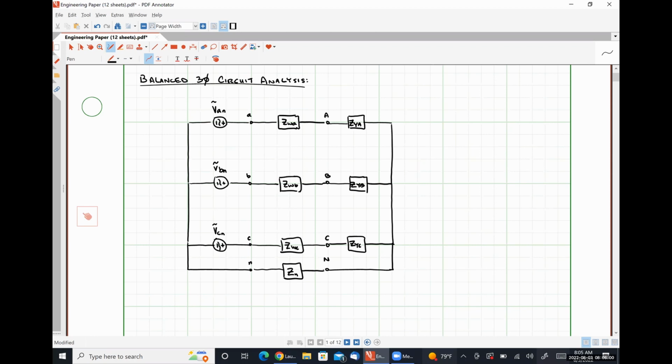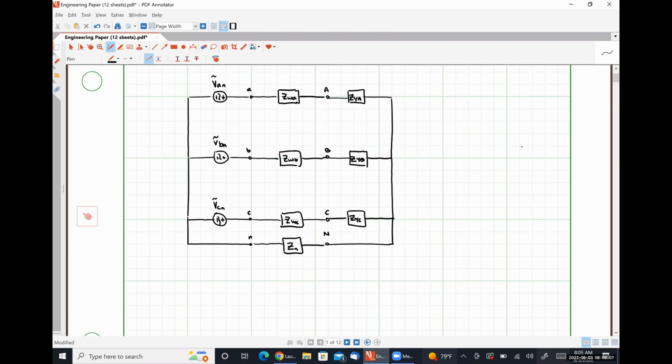All right, so in order for this system to be balanced, the following criteria must be met. So let me write that down.